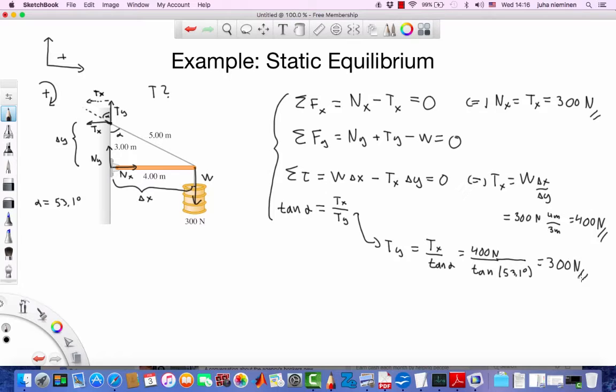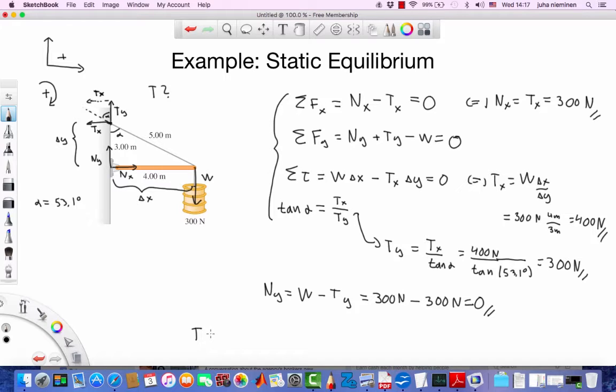What do we have left? nx, tx, ty. We only have ny, so we resort to the second equation. So ny is weight minus ty, and weight is 300 newtons, and so was ty from here. So we see that the ny component is 0, so the force provided by the beam or the wall is horizontal.